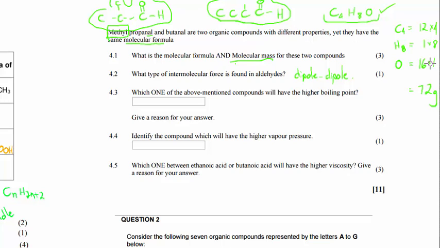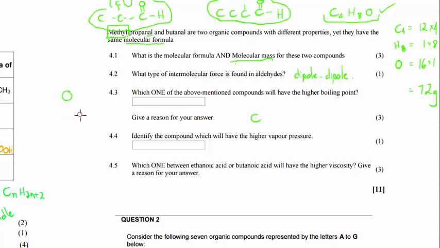Does that make sense? What is the difference between the forces? Which forces are stronger in butanoic acid? Let's start by what forces we have in butanoic acid. This is how you would know: you would always look for an oxygen.